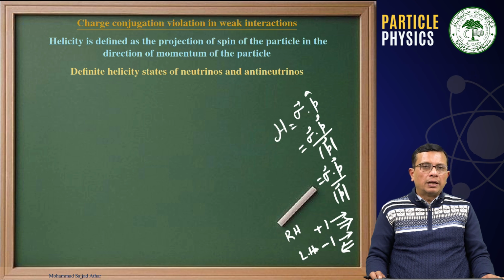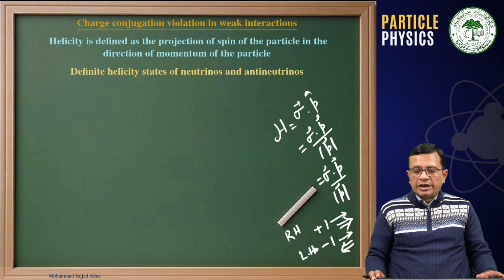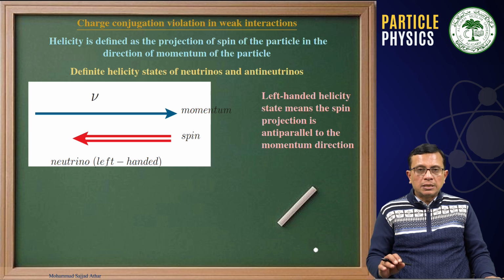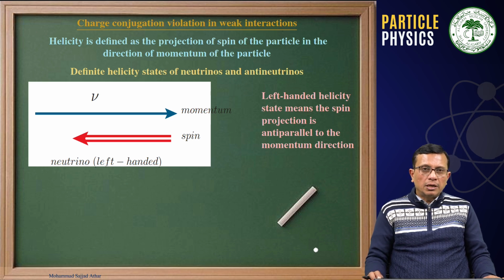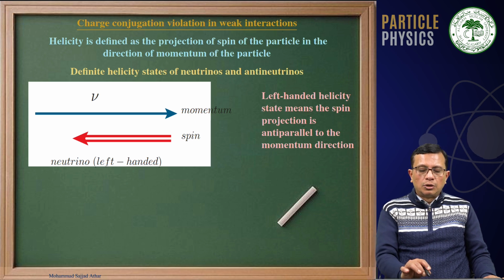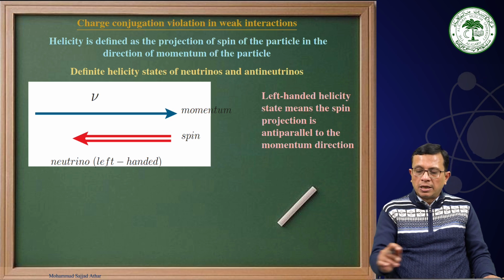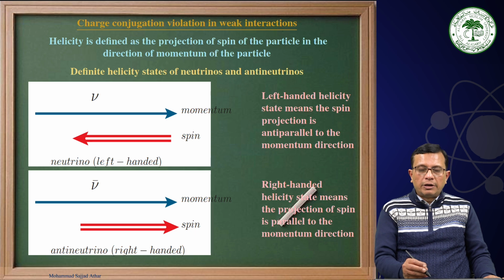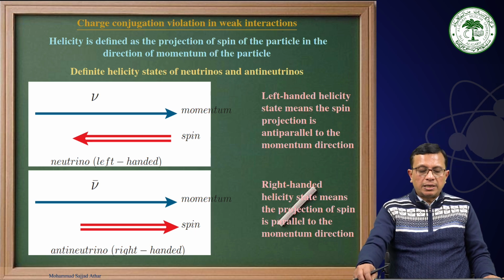It will have both left-handed and right-handed helicities. Now, since we are talking about neutrinos, and neutrinos are left-handed particles, the momentum of the neutrino will be directed opposite to the direction of the spin, while for the right-handed anti-neutrino, the momentum will be along the direction of the spin of the anti-neutrino.